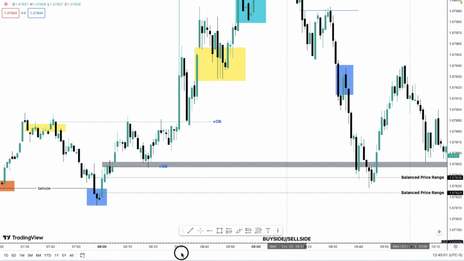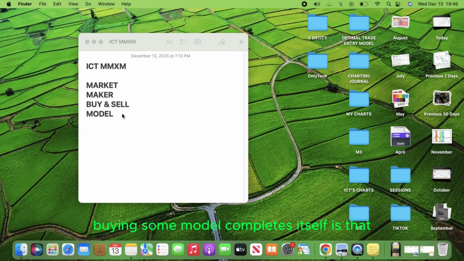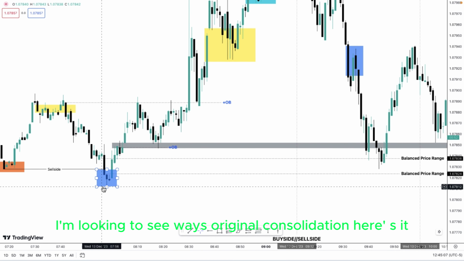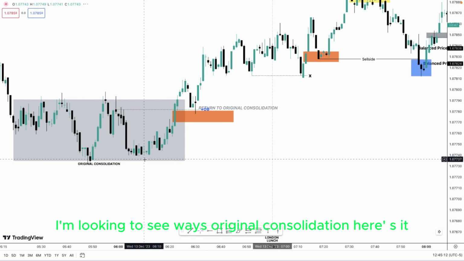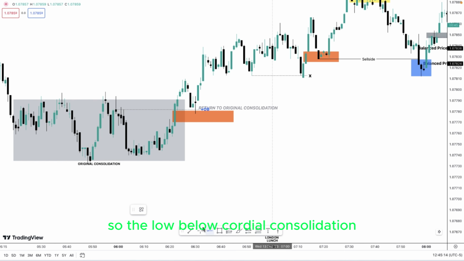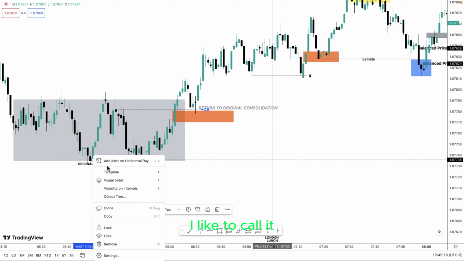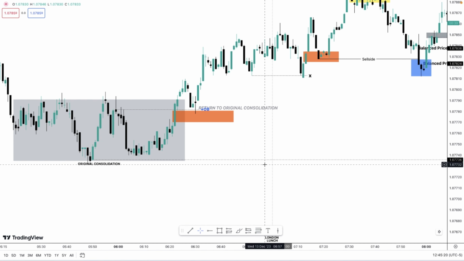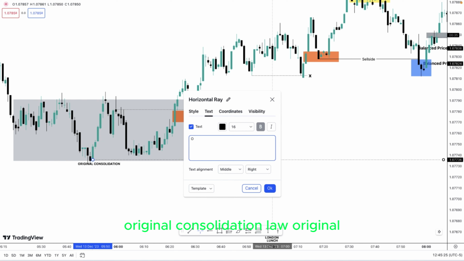Now, how the market maker buy and sell model completes itself is that I'm looking to see where the original consolidation is. Here it is. So the low below original consolidation, I will mark that. I like to call it original consolidation low.